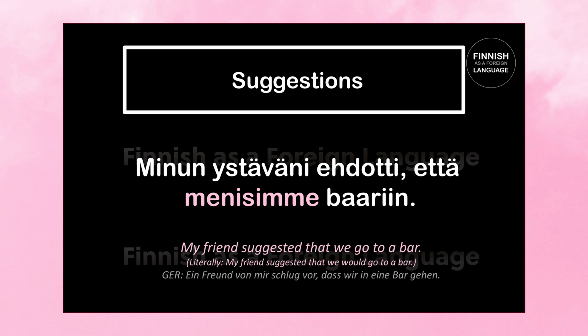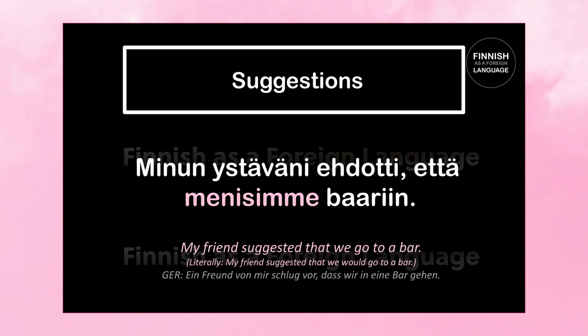Ystäväni is a combination of ystävä, which means friend, and ni, which is the possessive suffix for the first person singular. Ehdotti is the third person singular past tense of ehdottaa, which means to suggest. Että means that, it's a conjunction, and menisimme is the first person plural conditional mood of mennä, which means to go. Baariin here is the illative case of baari, meaning bar.